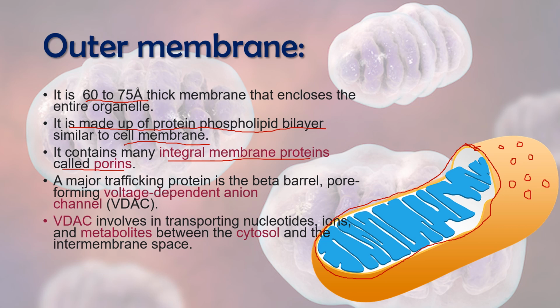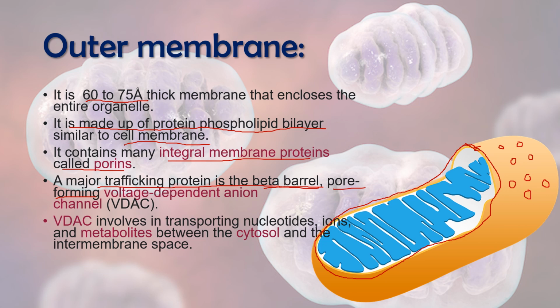A major trafficking protein is the beta barrel. Now the porins are made up of transporting proteins. This transporting protein is basically a beta barrel, pore forming. Why is this called pore forming? Because it forms pores or holes over the surface of the outer membrane.